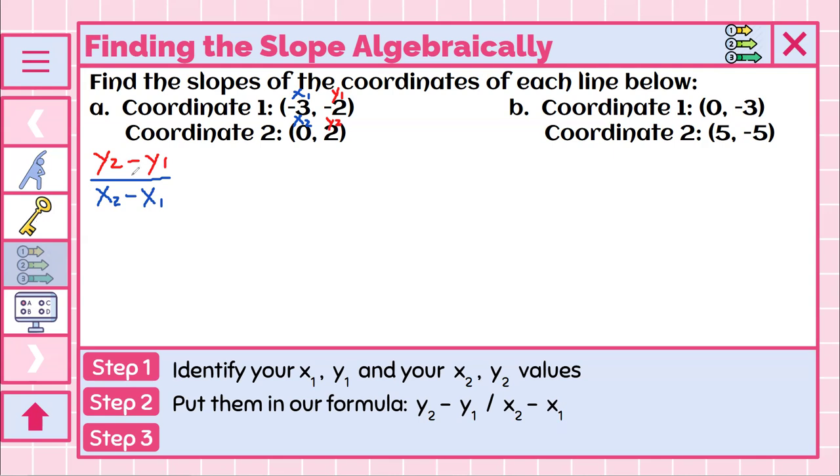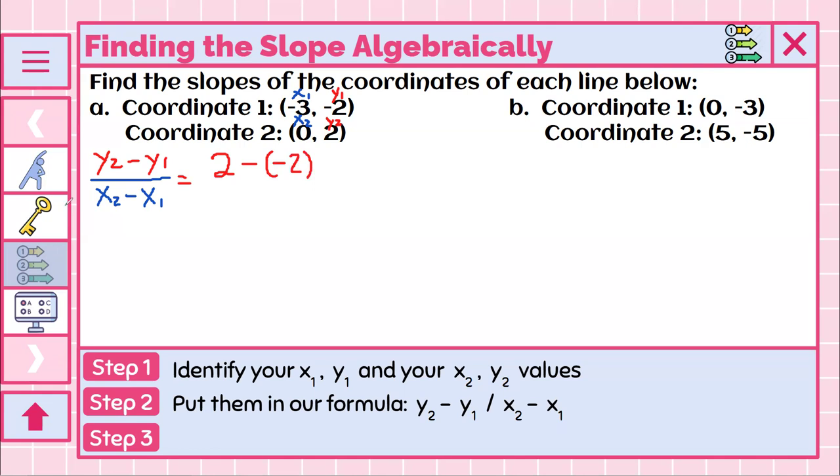So starting with the y's, we said that y2 is 2. So I'm going to put 2. It's always going to be a minus here. This minus does not change because we're finding the difference. And then my y1, I said, was negative 2. Because there's a minus here, I'll put my negative 2 in a parentheses, just so it doesn't look as confusing.